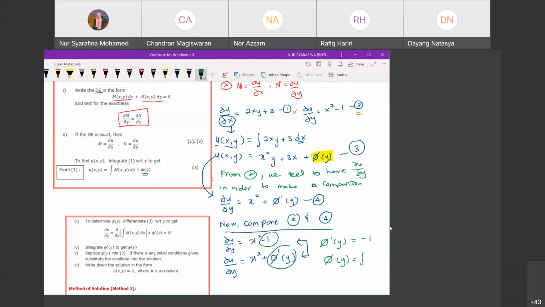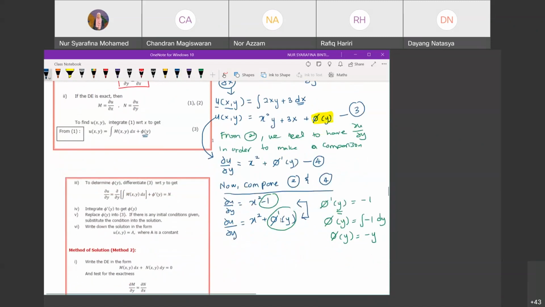We just integrate with respect to y. So psi y equals -y. Now from the third equation, you know that u x, y equals x squared y plus 3x plus psi y, and you have your psi y already, then u x, y now becomes x squared y plus 3x minus y.